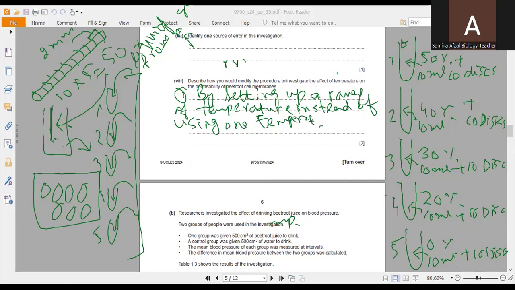Electric water baths can be used for this purpose, to maintain different temperatures.